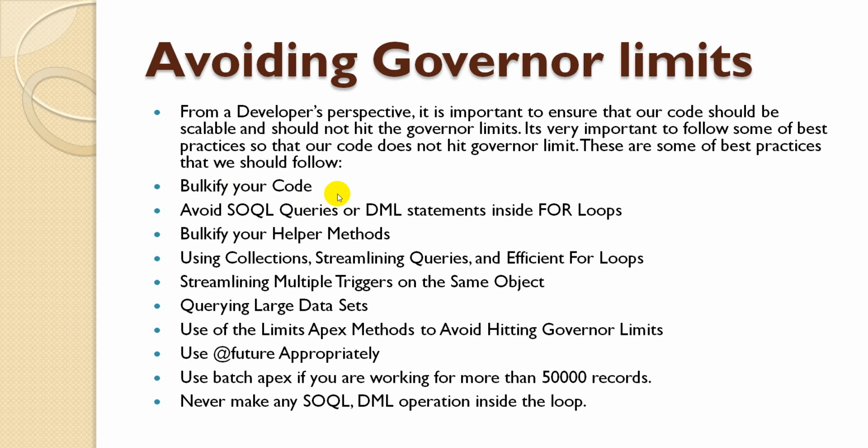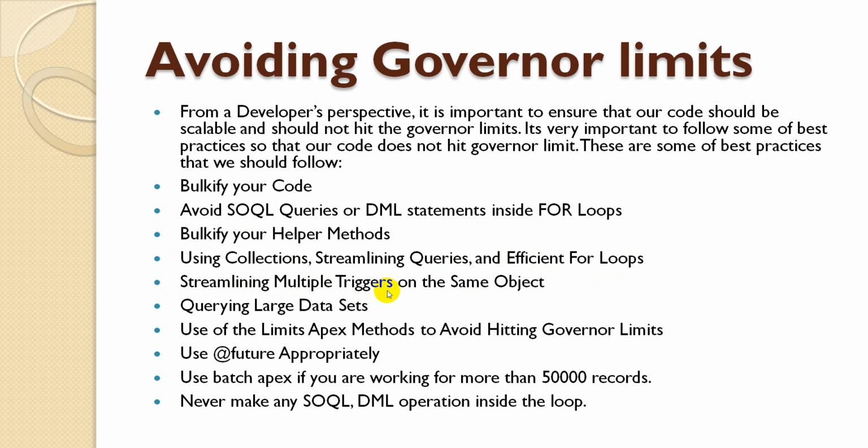Bulkify your code. Instead of handling records one by one, put them in a list, set, or collection. Avoid SOQL queries or DML statements inside a for loop, as this also hits the governor limit. Bulkify your helper methods using collections, streamline queries, and use efficient for loops.